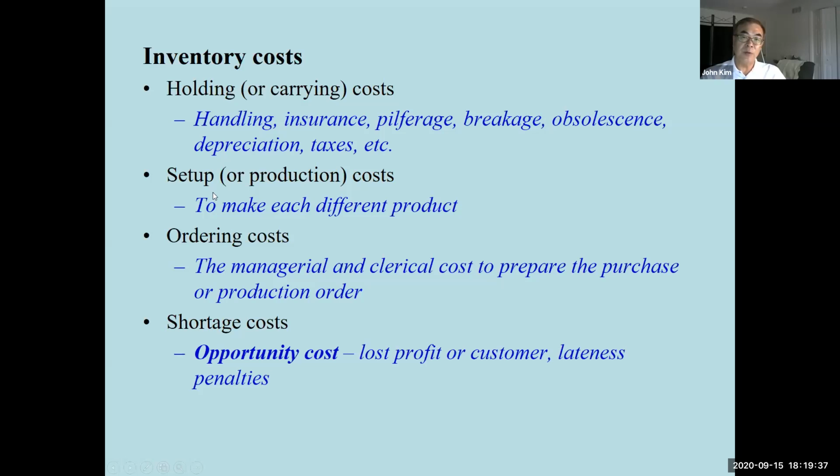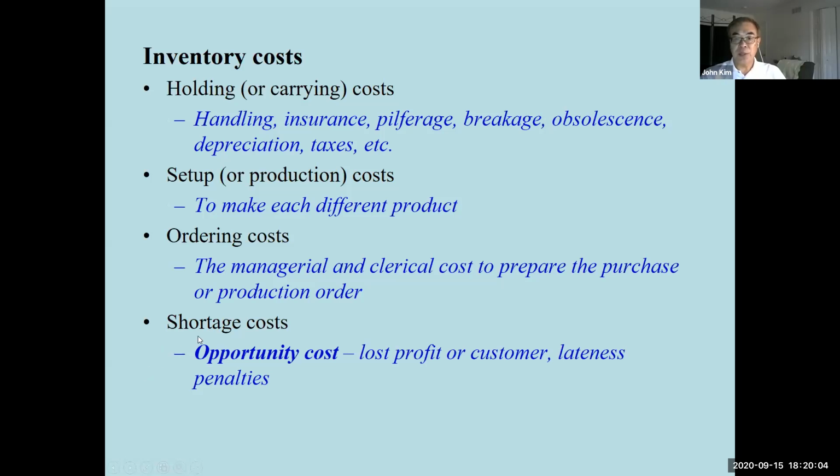Setup cost: when we produce different types, we need setup time and employees. Ordering cost: when we order, there is shipping cost and so on.